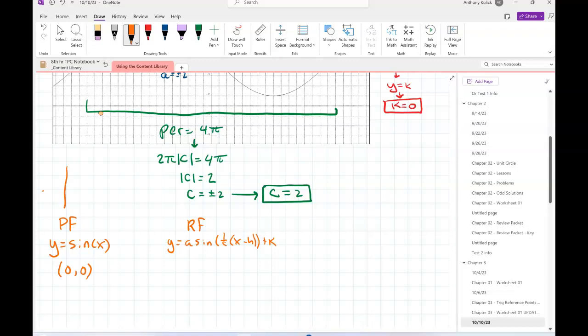So if you remember what the graph of sine looked like from last time, it kind of looked like that. Notice 0, 0 is a midline point, and preceding that midline point, the graph has a minimum, and following that midline point, the graph has a maximum. So I'm going to note that below.